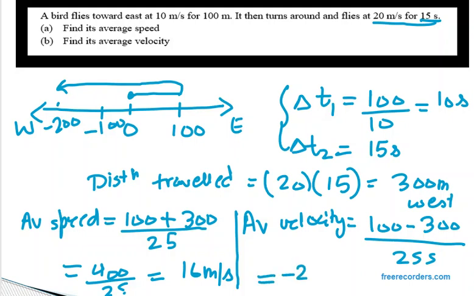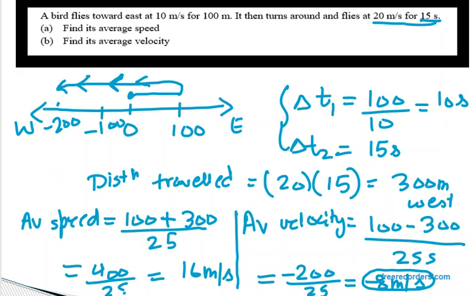So it will be minus 200 over 25, that means minus 8 meter per second. As you can see, the average velocity has a negative sign. This negative sign indicates that the average velocity is directed towards the west. So we can say the figure is correct, and the direction of the bird is the negative direction.